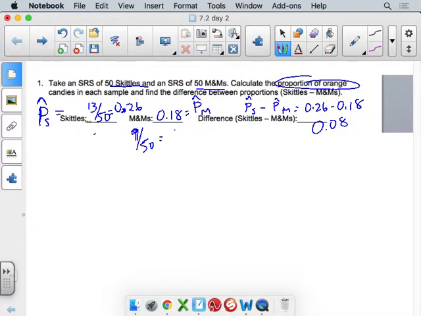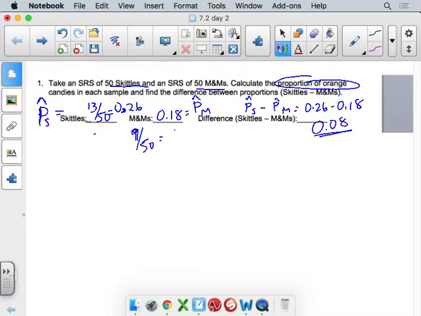This is just one sample. Y'all could open up a bag of Skittles and M&Ms, do the difference, and get a different number. So this was my number for my one sample, okay?